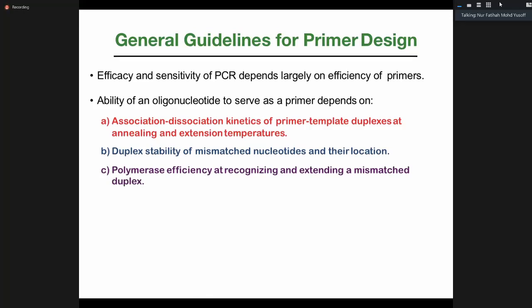The template is basically the gene sequence that you are targeting, okay? So this looks at the annealing and excitation temperatures. The second one, duplex stability of mismatched nucleotides and their location. Then polymerase efficiency at recognizing and extending a mismatched duplex. So we will go into detail on this.